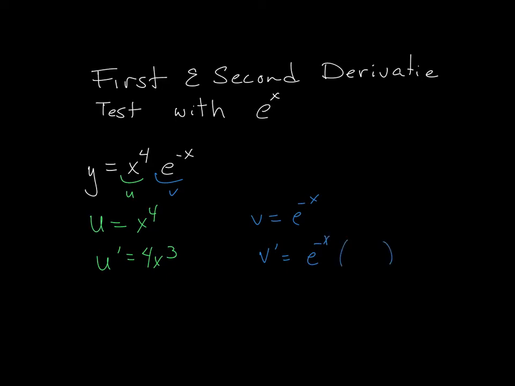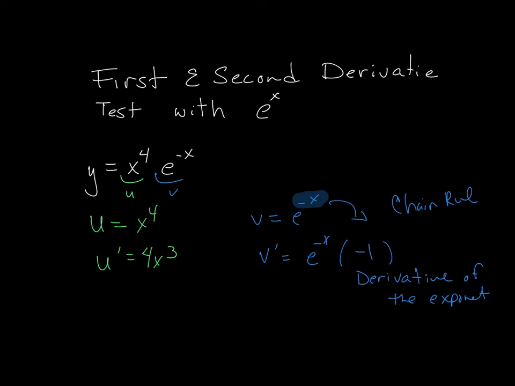But we have to remember that whatever our exponent is up here, I have to take the derivative and multiply that. That's the chain rule. So that's going to be -1. All right, so once we have that, I can put all that together.